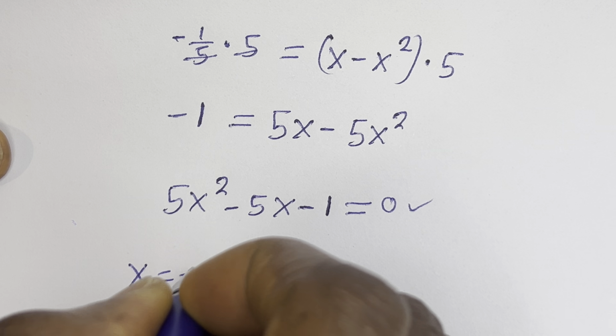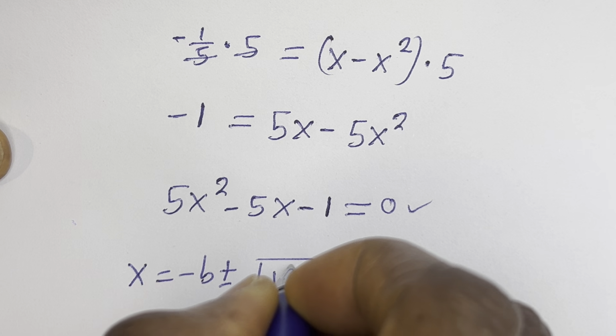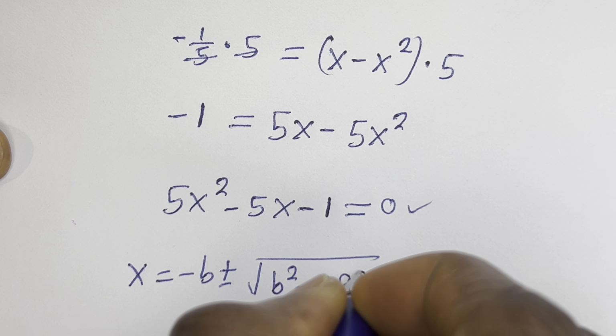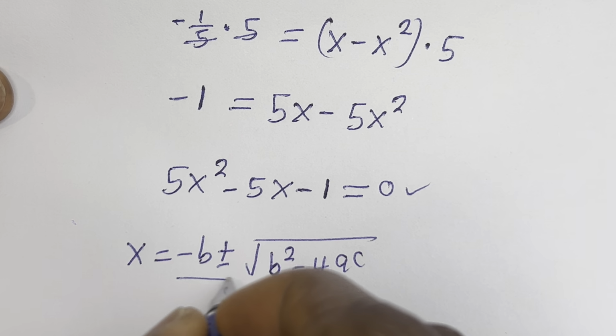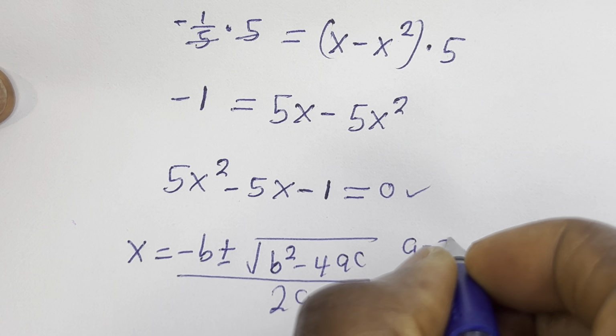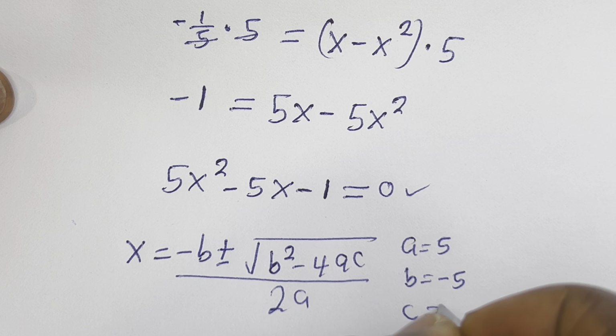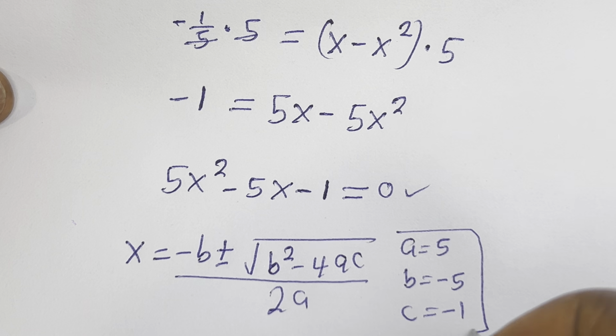s is equal to minus b plus or minus square root of b squared minus 4ac over 2a. Then a is equal to 5, b equal to minus 5, c is equal to minus 1.